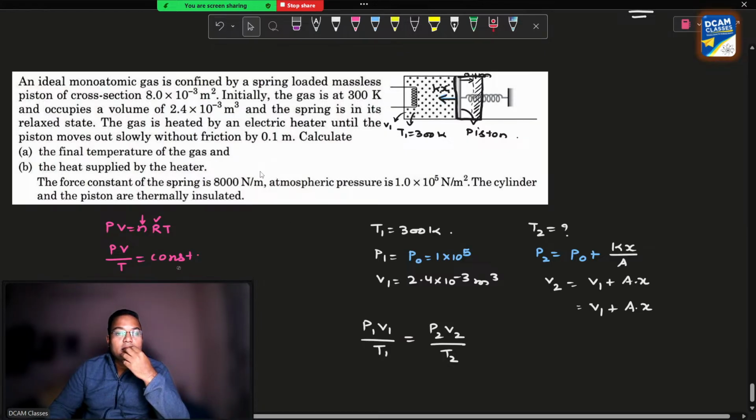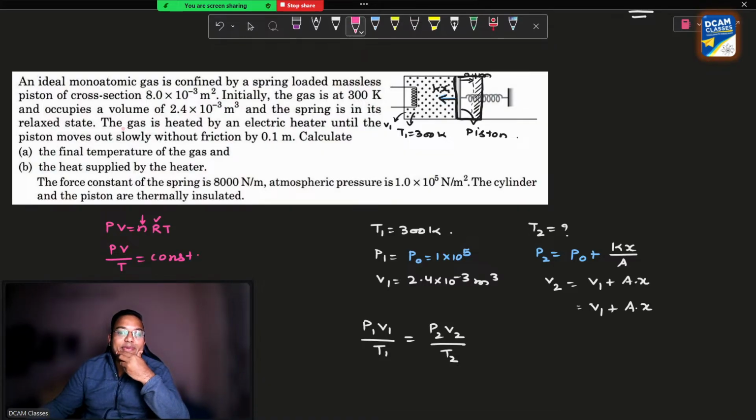Where? The cylinder and piston are thermally insulated. That does not mean it's adiabatic. If it is adiabatic, how come the gas is heated by the electrical heater?